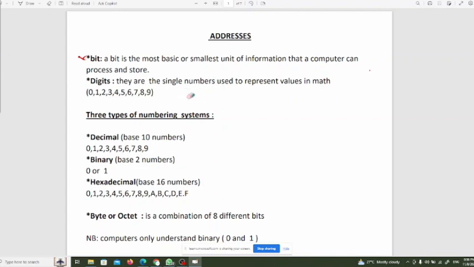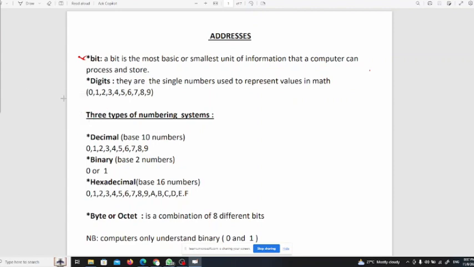So 0, 1, 2, 3, 4, 5, 6, 7, 8, 9, we can consider them as digits. In networking we consider them as digits.